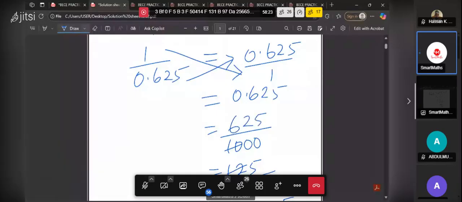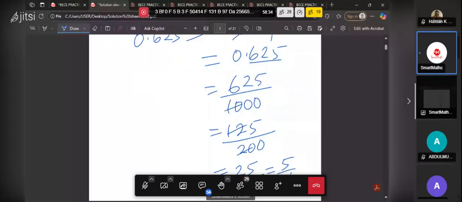Then how many digits do we have after the decimal point? There are 3. 1, 2, 3. Then you add 3 zeros. Then you just simplify. You continue dividing it until you get to 5 over 8. I believe I've explained it clearly now.